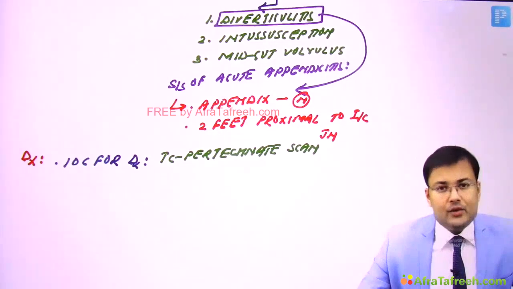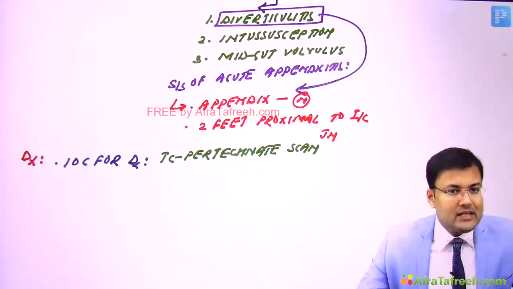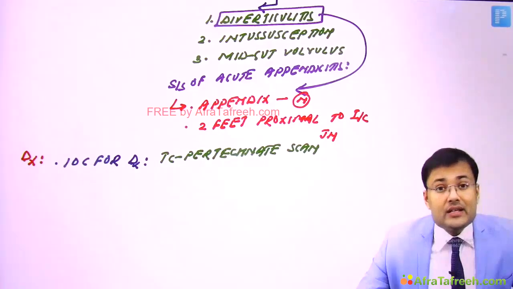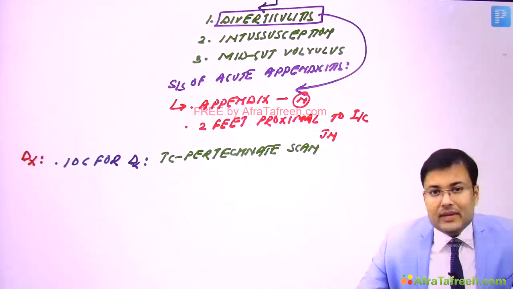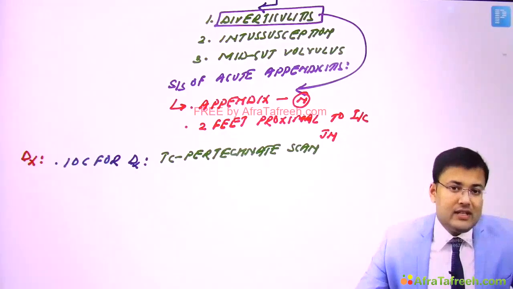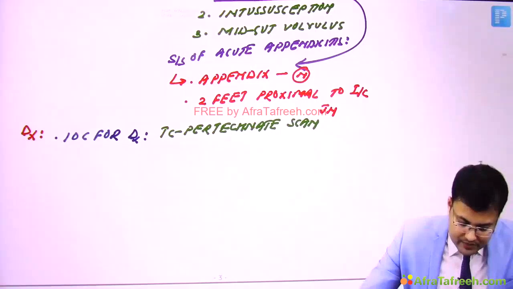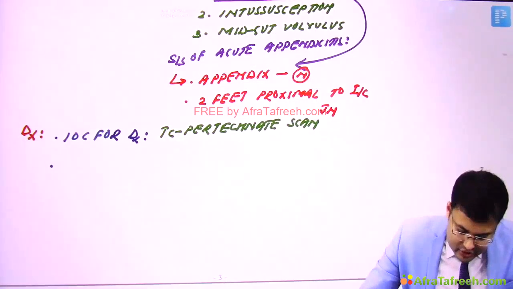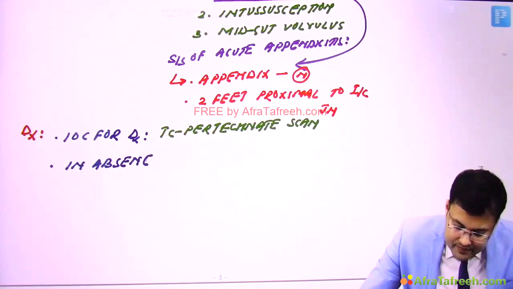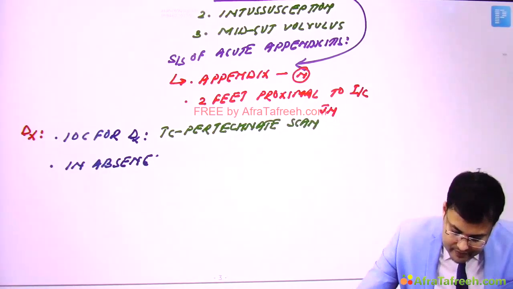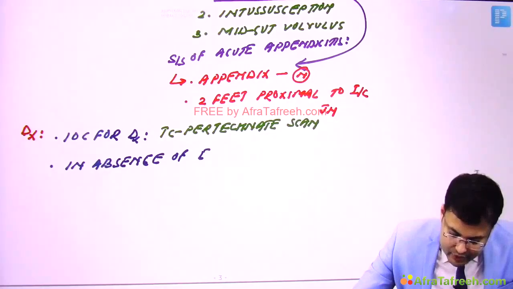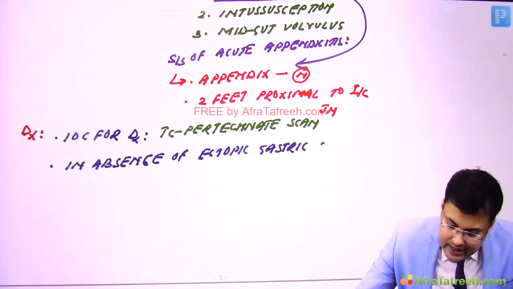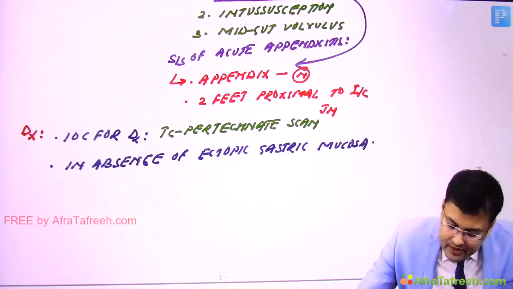Now see a second scenario. Suppose a patient is having Meckel's diverticulum, but there is no ectopic gastric mucosa, and in that case what? This will be negative. So in that case, what is the investigation of choice? In absence of ectopic gastric mucosa, what is the investigation of choice for diagnosis?